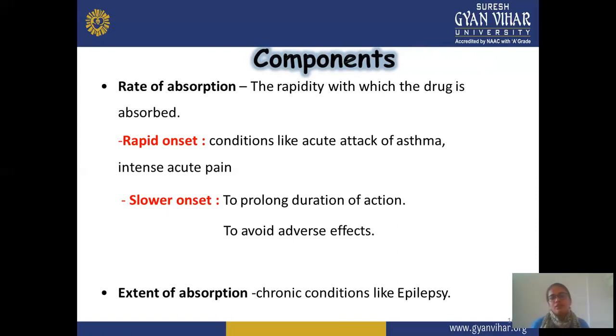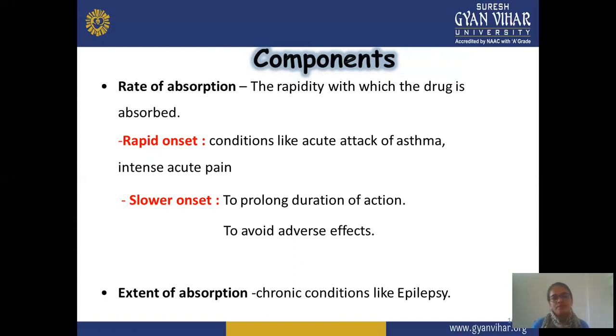Rapid onset is needed in conditions like acute asthma or intense acute pain, where we require such a type of drug. These are drugs which are required in an emergency condition to show the effect within seconds, like an asthma attack or intense acute pain. This type of drug is known as rapid onset.